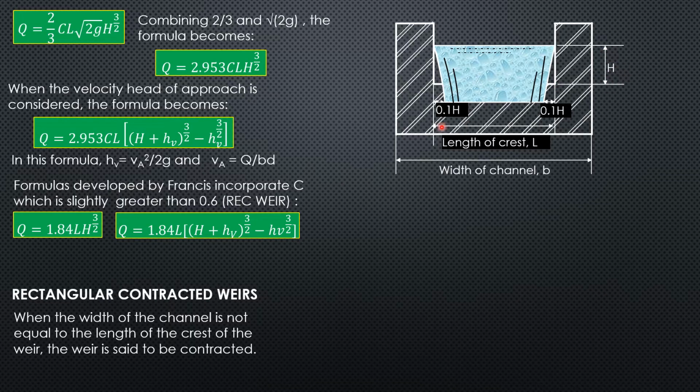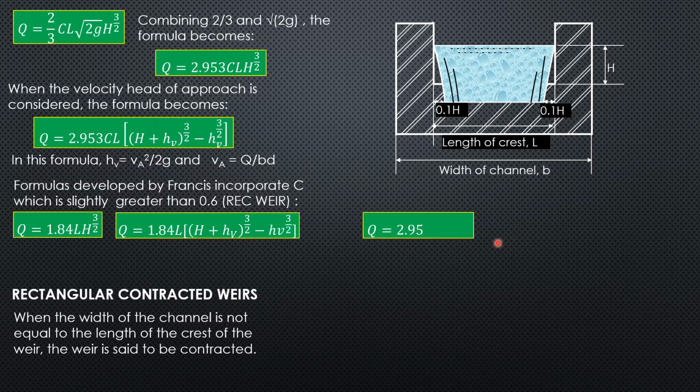So this length of the crest is no longer equal to L, but it is less than L. This is the width of the channel. So this is an example of a rectangular weir that has two end contractions. Now, when one end is suppressed, for instance, this is also the side of the channel, then there will be no contraction here, and there's only one end contraction.